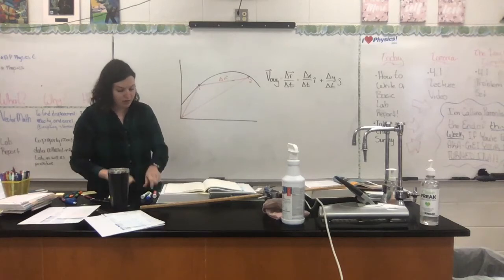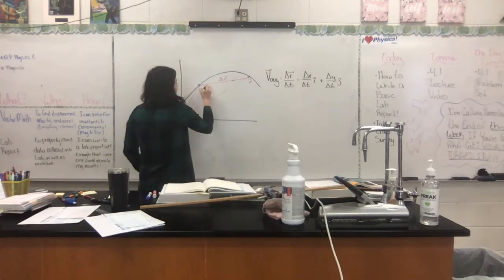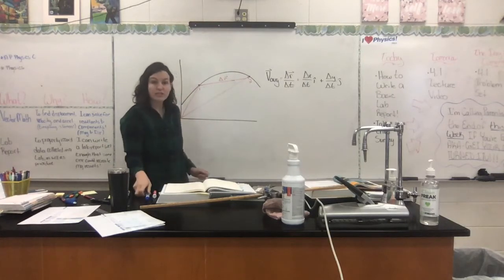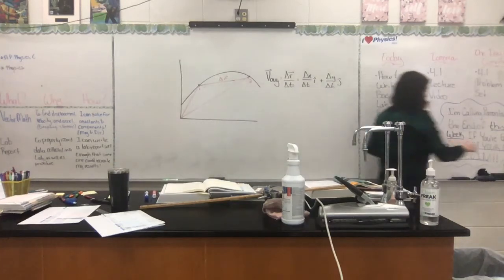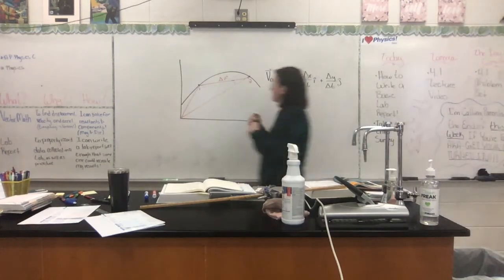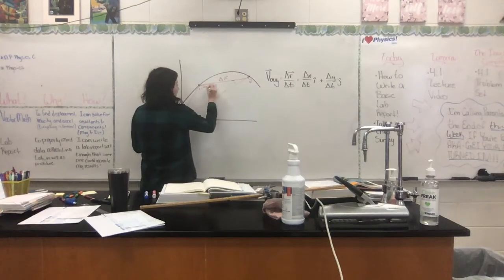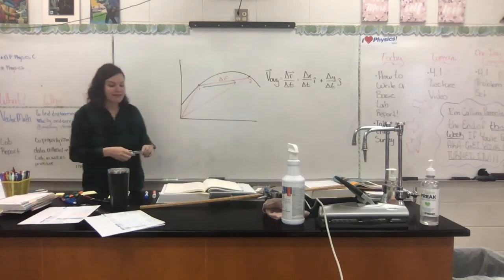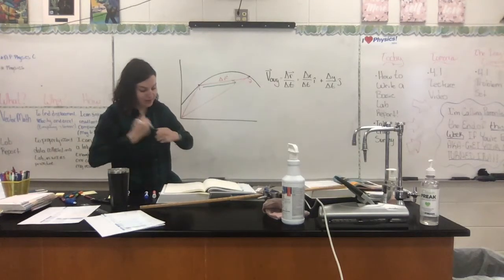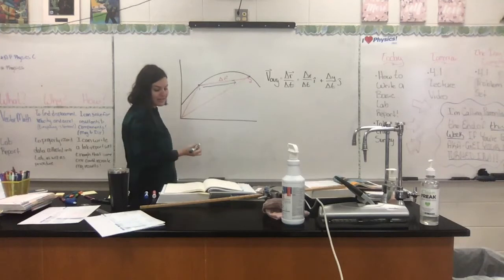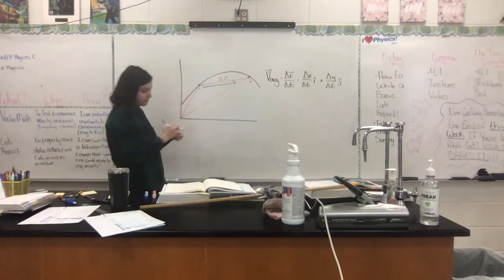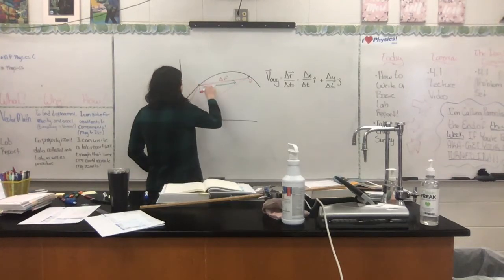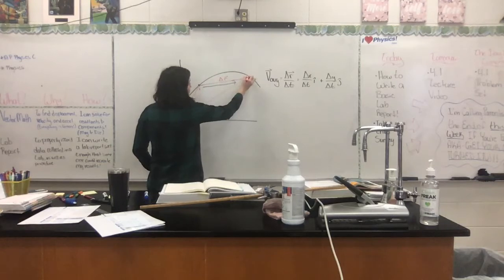Now, our average velocity, as it says, is going to point in the direction of the displacement. So, our average velocity would look like that, which is very, very light. It's going to go along that displacement vector, okay? And where our delta Y and delta X are going to come from are going to be the y and x components of this displacement vector.